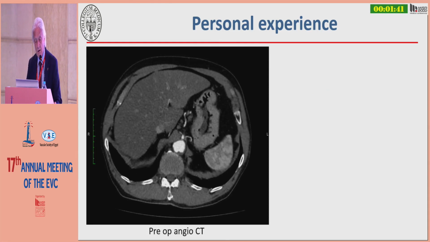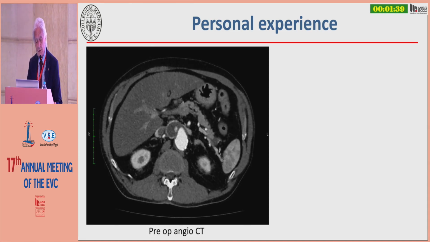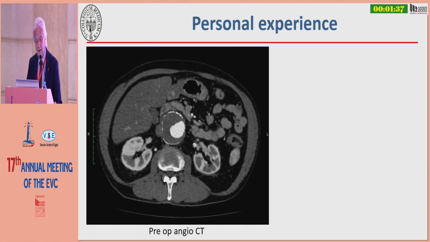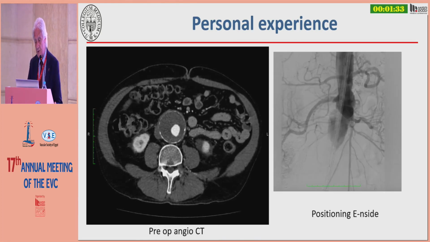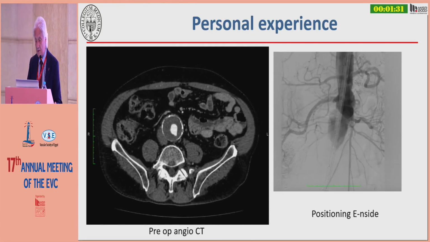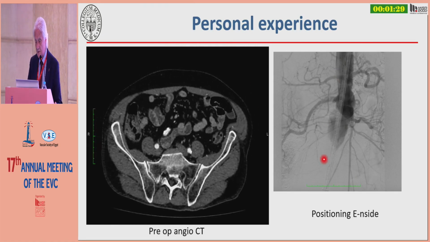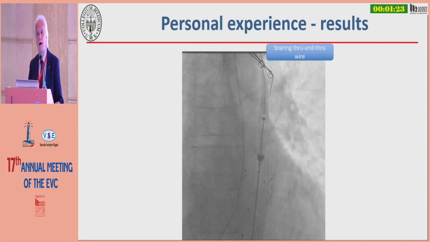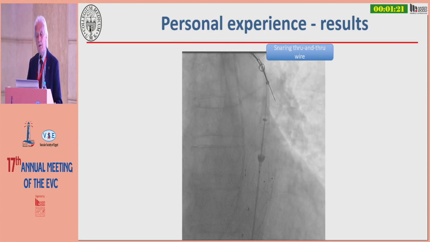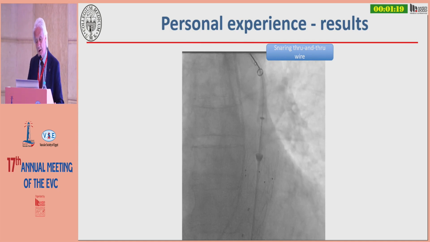You see here the pararenal aneurysm, on the level of the renal arteries, with good iliac arteries. This is the way we place the device. The device is inside of the stent graft. The important thing is that you have to snare a through-and-through guide wire through the cannulas, which are preloaded.